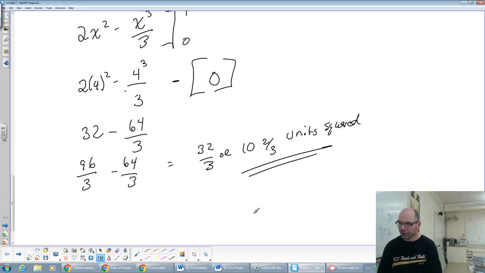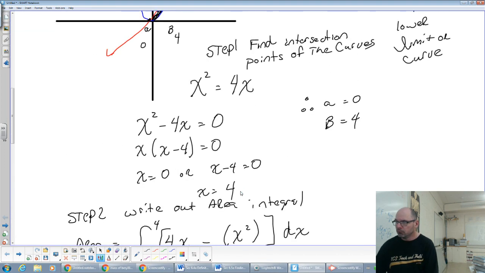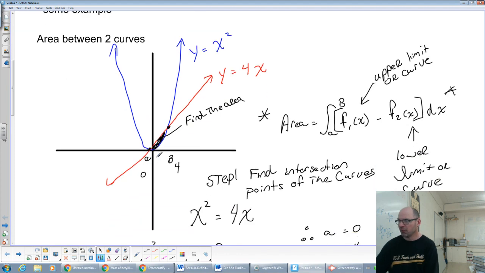There we go. So let's summarize what we did there so we can remember what the steps are. Okay, we got the drawing. First thing we do is we find out, okay, we have our formula. It's the integral from b to the right hand limit, the right hand number or intersection point, minus on the top and the left hand one on the bottom.